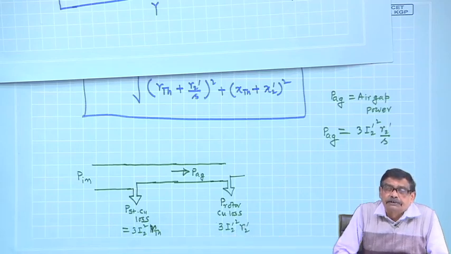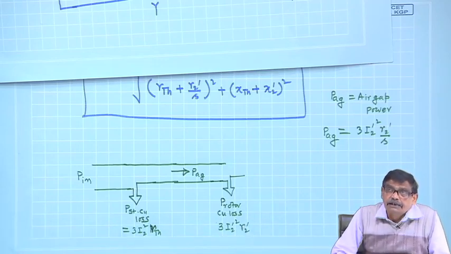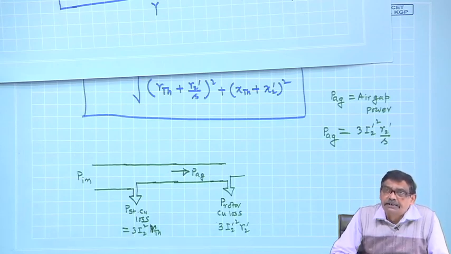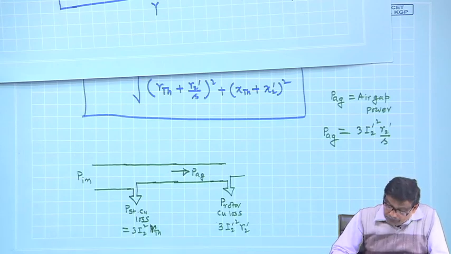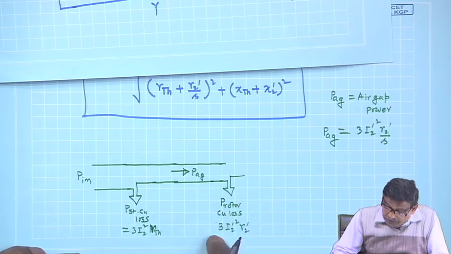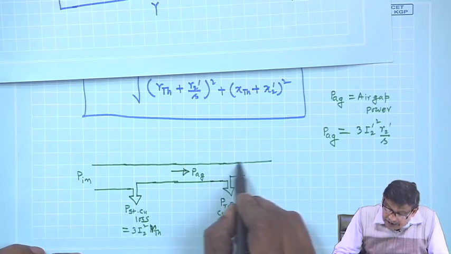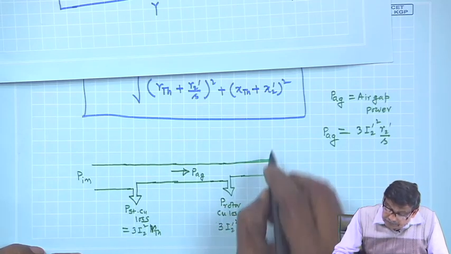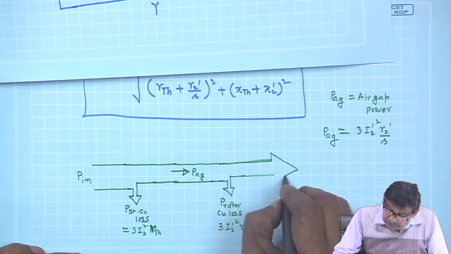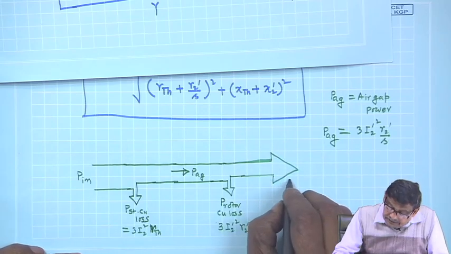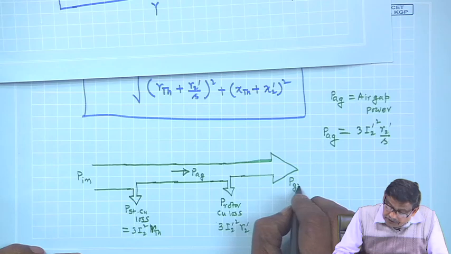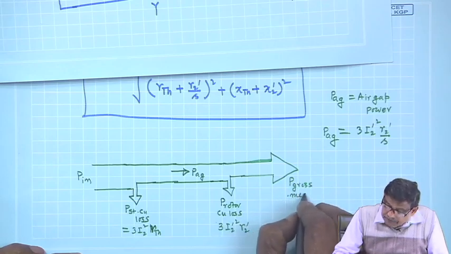This you must understand. It is not R 2 dash by S, because your actual machine has a resistance of R 2 dash and it is carrying a current of I 2 dash. So, rotor copper loss has to be 3 I 2 dash square R 2 dash, that is all. And then the remaining power I can say is the gross mechanical power developed.